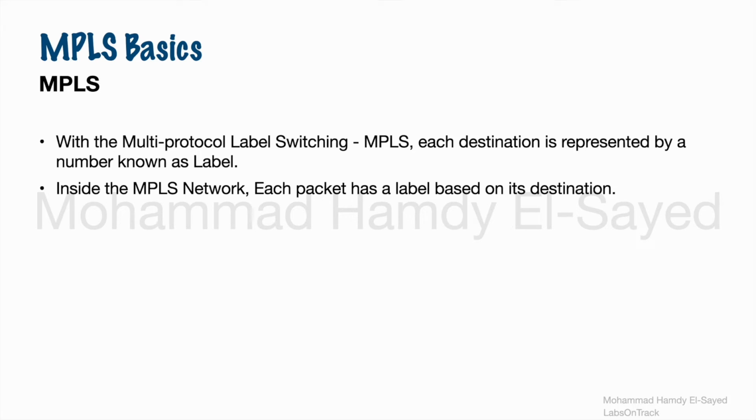In the last diagram, router 1 needs to send traffic to router 3, and router 3 is represented with a label, and all packets sent to router 3 are labeled with the specified number for router 3.